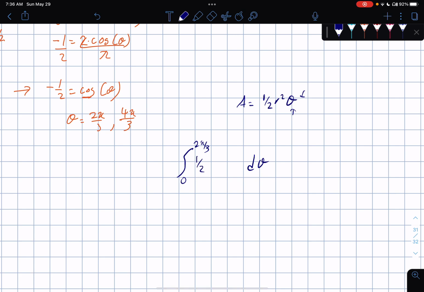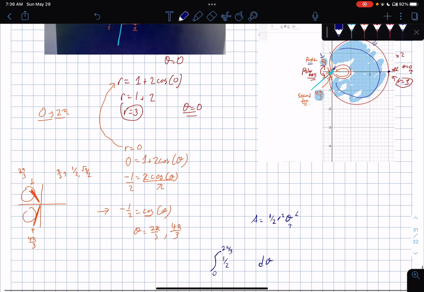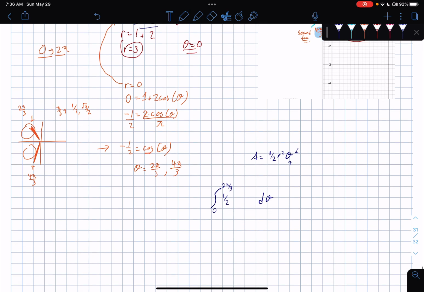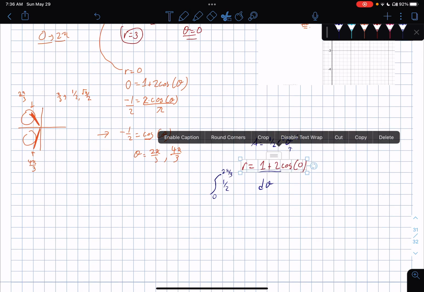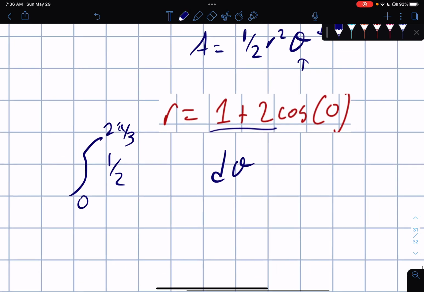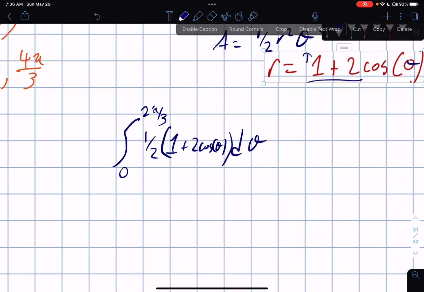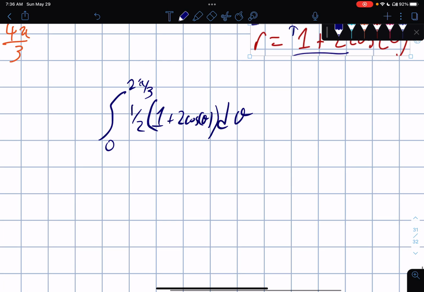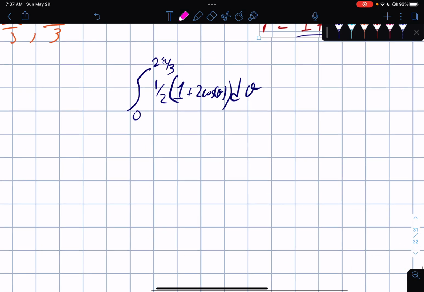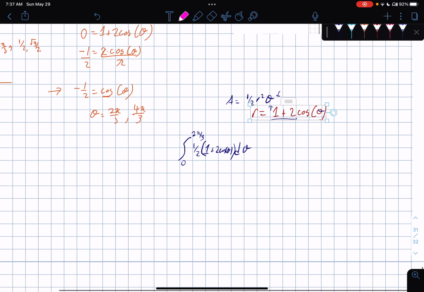So we need a 1/2 here, and r squared, where r is 1 plus 2 cosine theta.